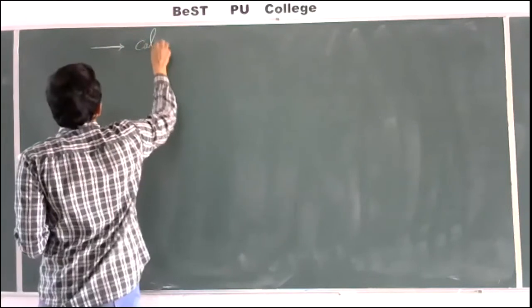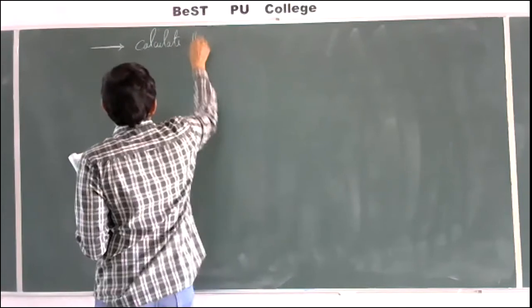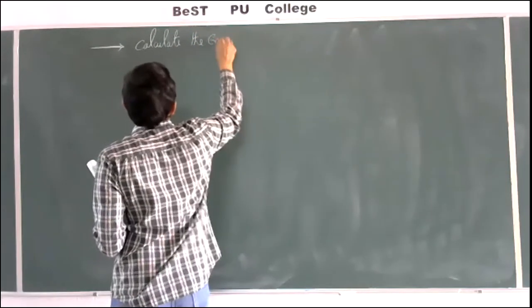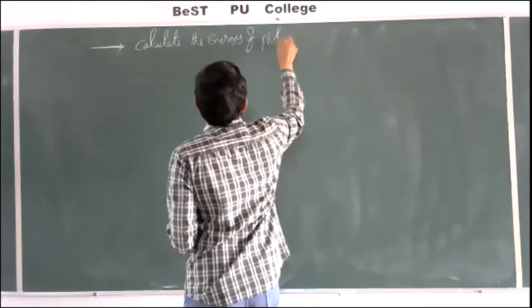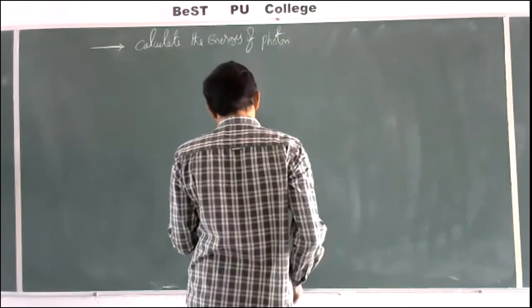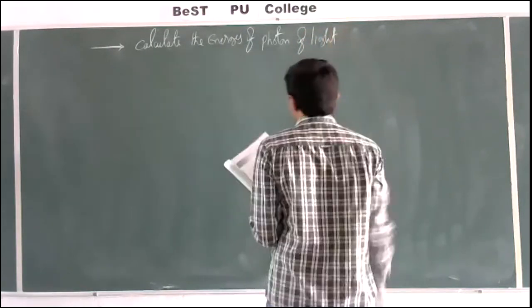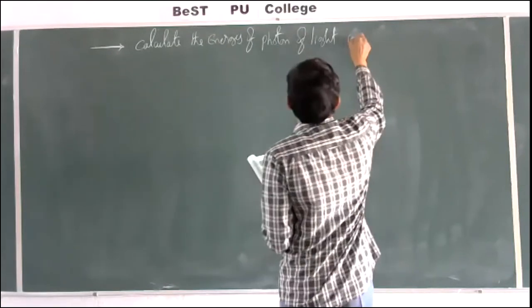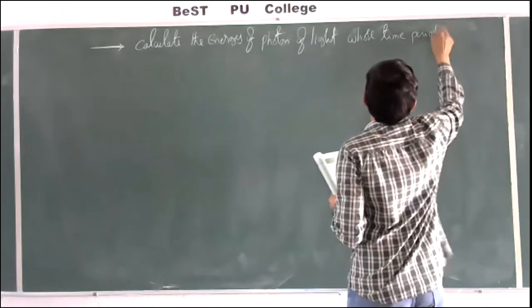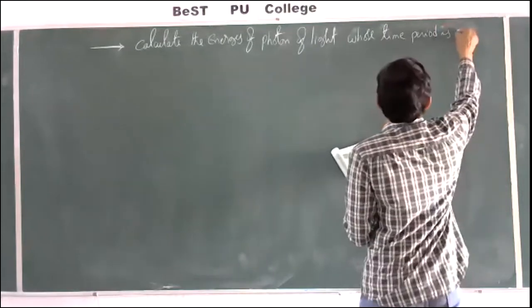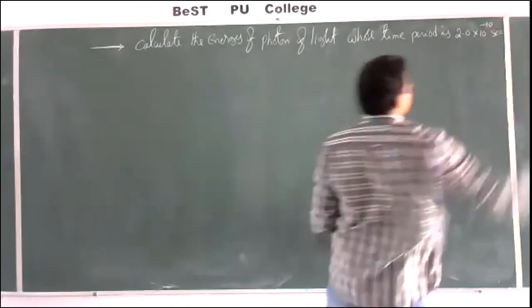Calculate the energy of the photon of light whose time period is 2.0 into 10 power minus 10 seconds.